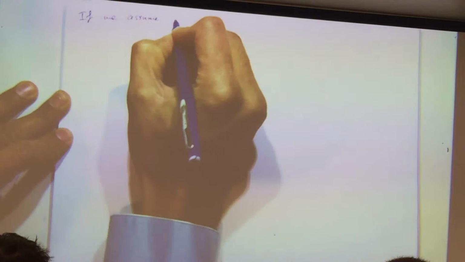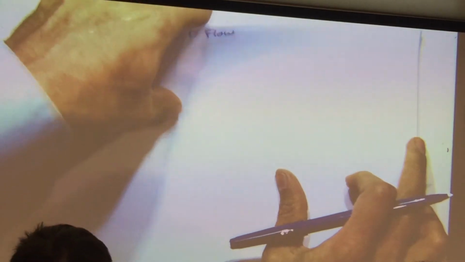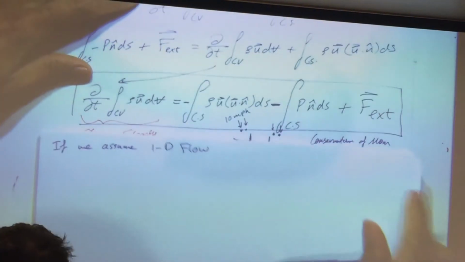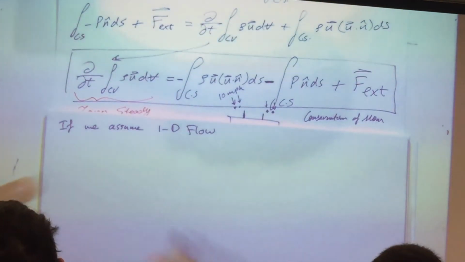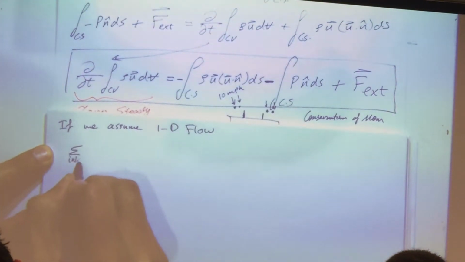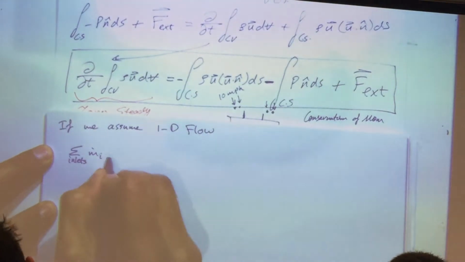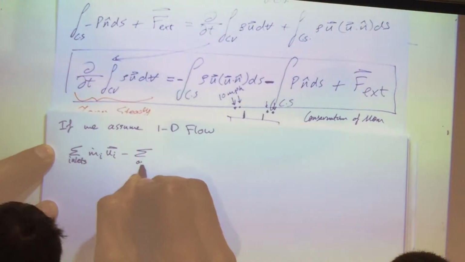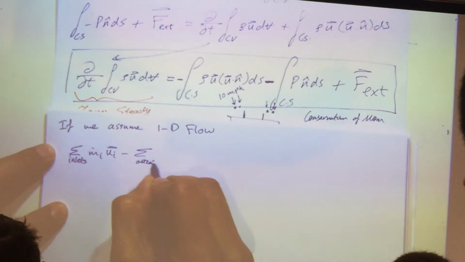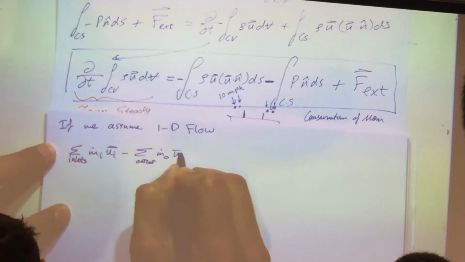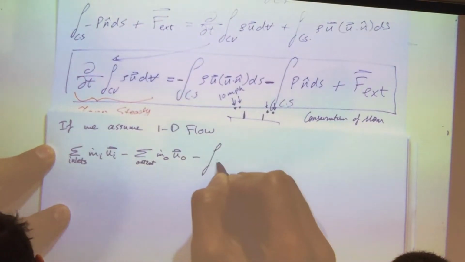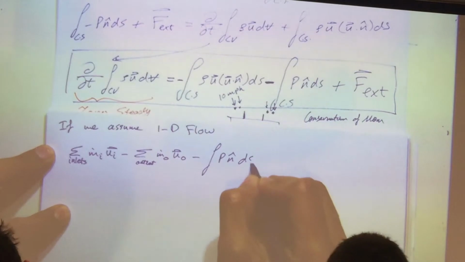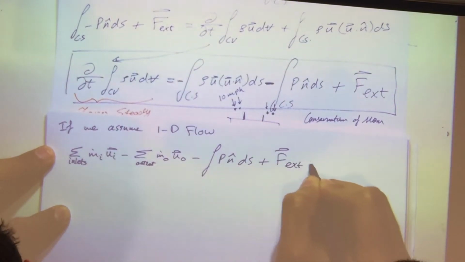If we assume 1D flow, based on this equation right here, that's going to be the sum of inlets, m dot inlet multiplied by velocity of inlet, plus the sum of outlets, m dot outlet multiplied by the velocity of outlet, minus P N ES, plus F external is equal to 0.